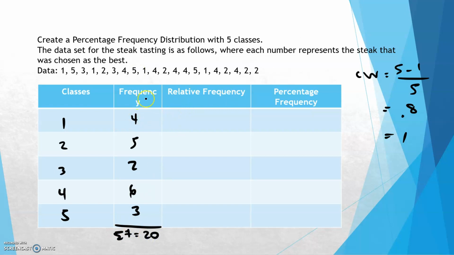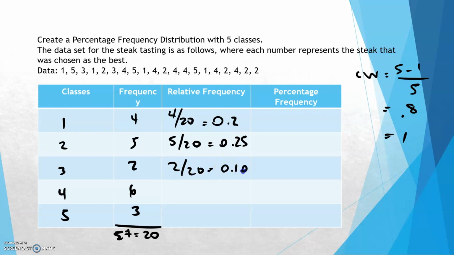Relative frequency for the first class is 4 divided by 20, or 0.2. 5 divided by 20 is 0.25. 2 divided by 20 is 0.10. 6 divided by 20 is 0.30. And 3 divided by 20 is 0.15. Notice if I add all of these up, this will come out to 1.